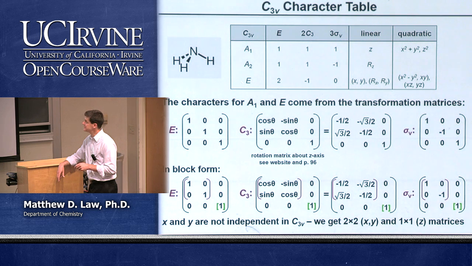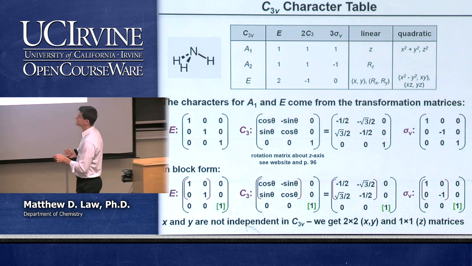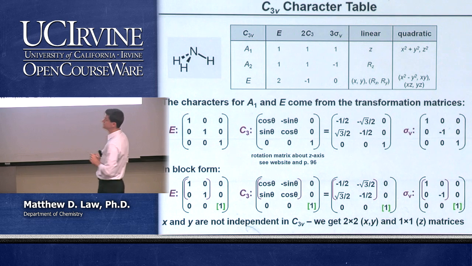So we call this an E irreducible representation because it's a 2 by 2 matrix, and it always is going to have a character of 2 under E. The other two characters corresponding to the other two symmetry classes are just read right off of the summation along the diagonal. So that immediately gives us E from the transformation matrices.